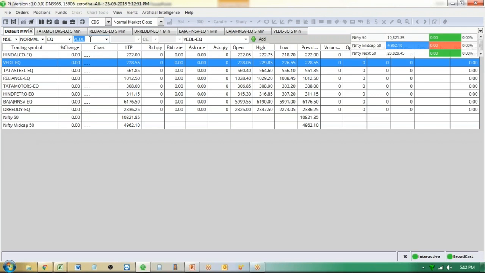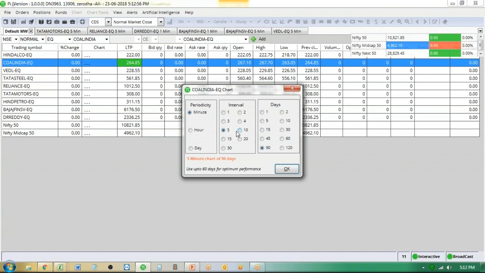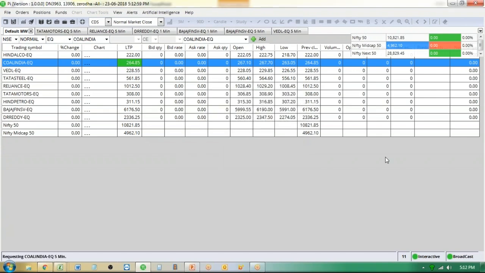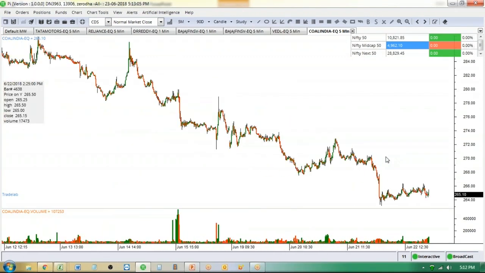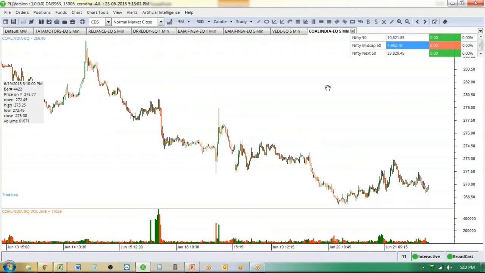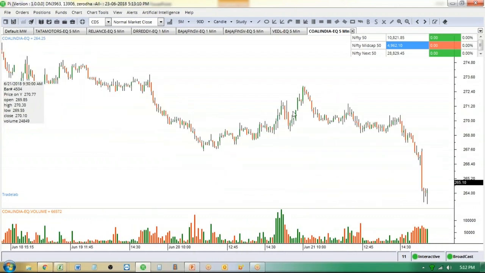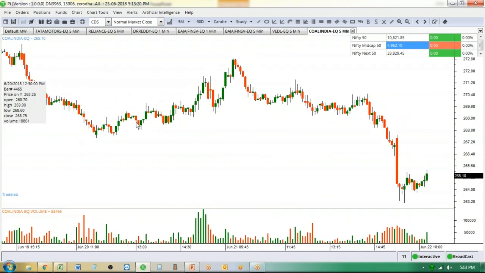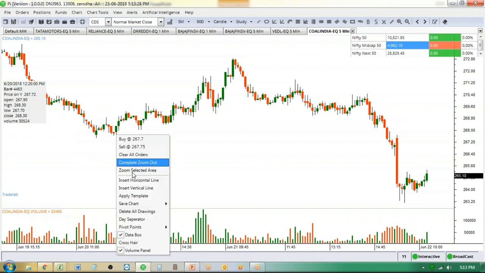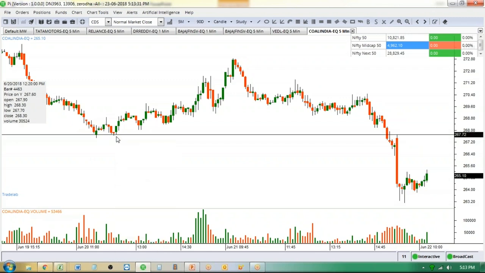Coal India, we were not able to trade last week. So this was the low. This seems to be the support zone.